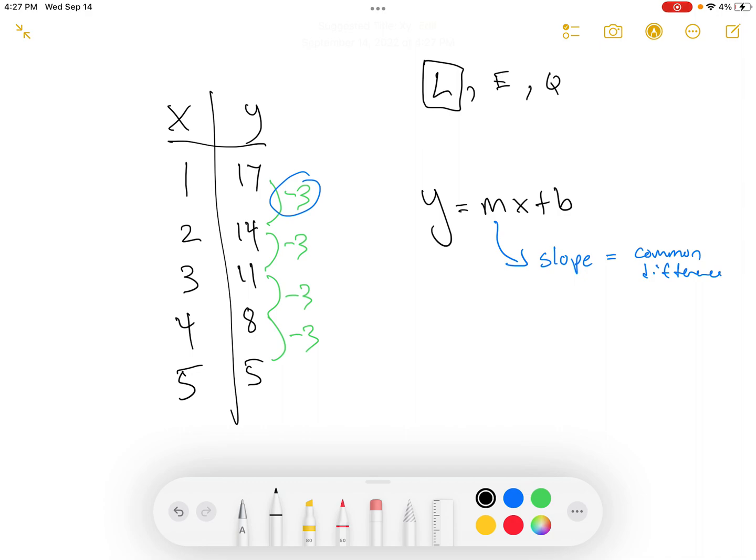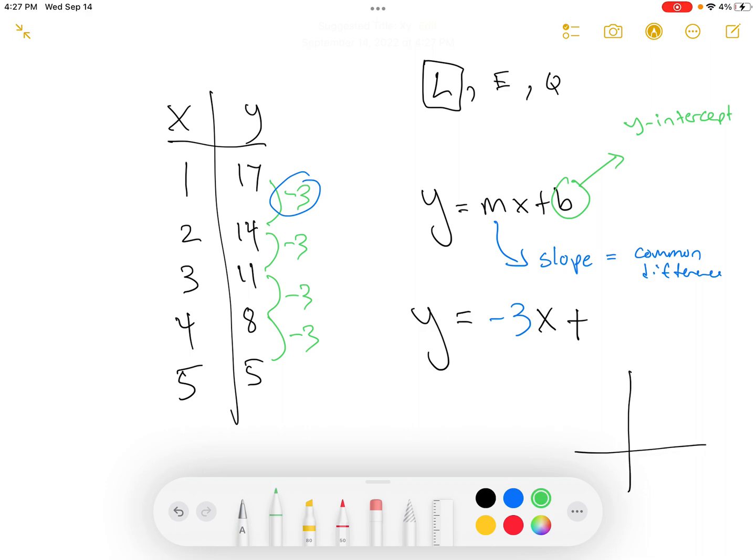So we're going to rewrite this equation as y equals -3x plus, now I've got to talk about the b. The b is the y-intercept. Now, the y-intercept, if I look at a graph right here, and this line cuts through the y-intercept, the coordinates of that point are going to be 0, something.